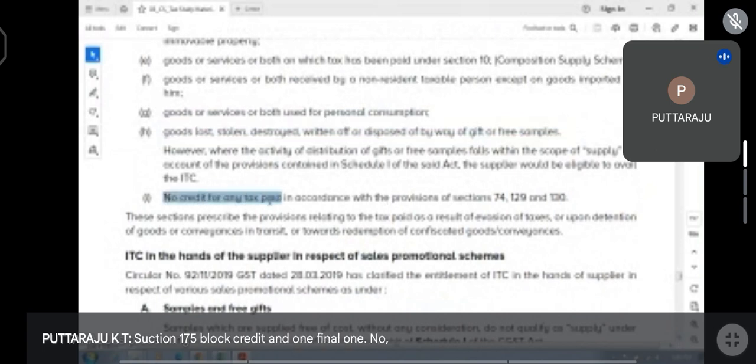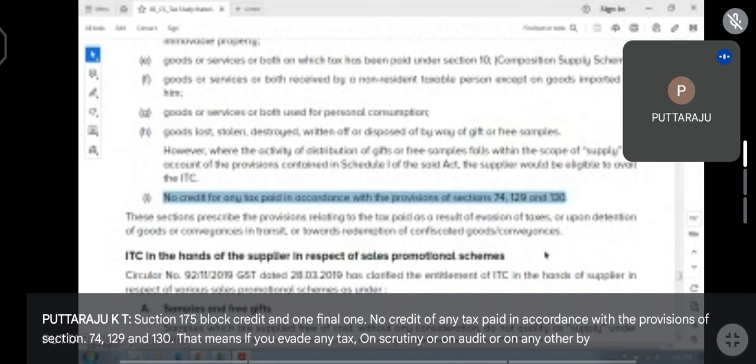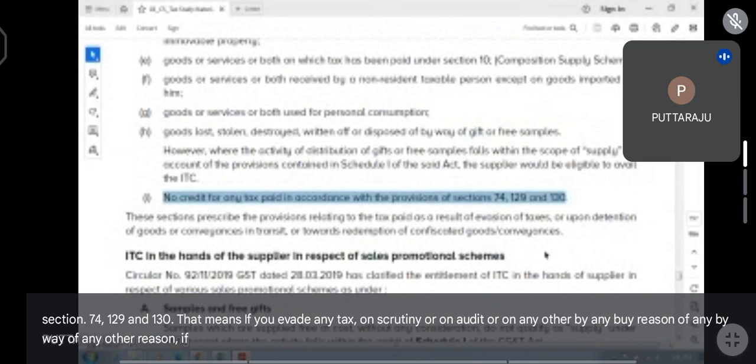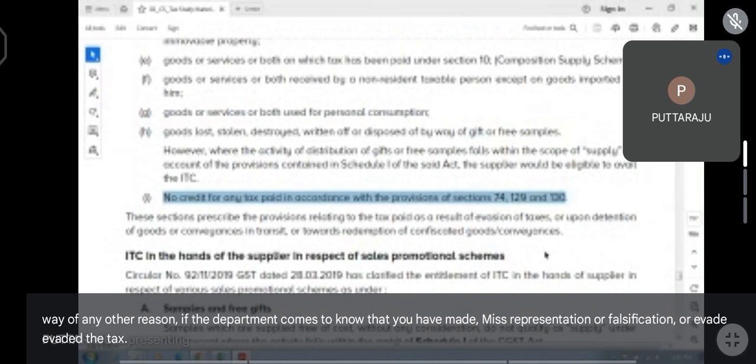And one final one. No credit of any tax paid in accordance with the provisions of section 74, 129 and 130. That means if you evade any tax, and on scrutiny or audit or for any other reason the department comes to know that you have made misrepresentation or falsification or evaded the tax, they issue a notice to you.